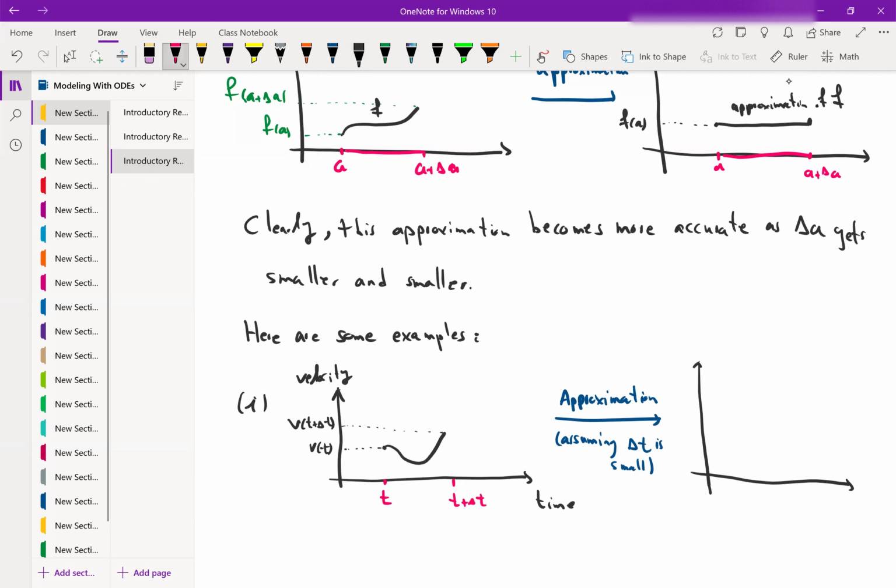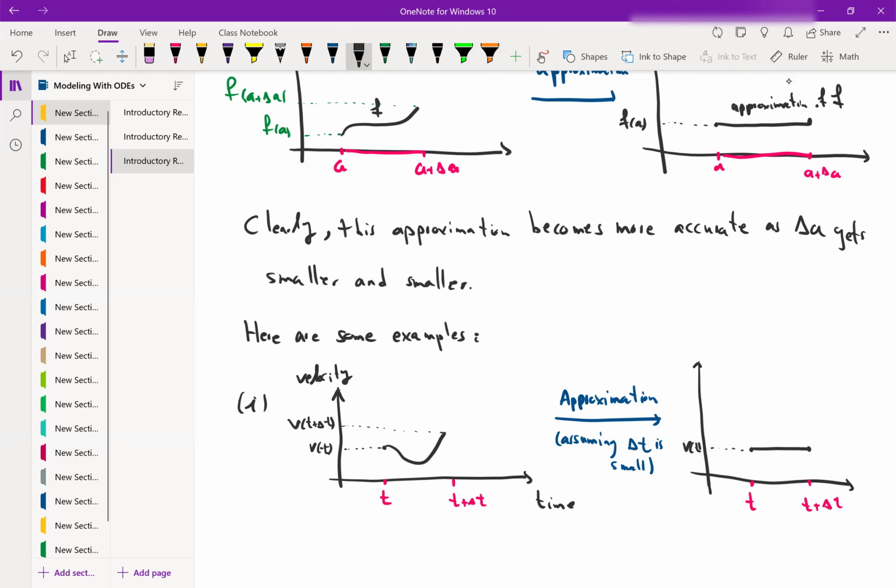So here we go, we have t, and then t plus delta t. And then I approximate my velocity, using the letter v, with a constant velocity. The profile initially was not constant, but since delta t is very small, I can do this approximation. This is just v at t.